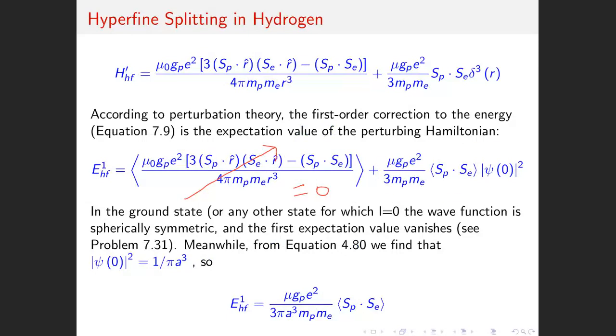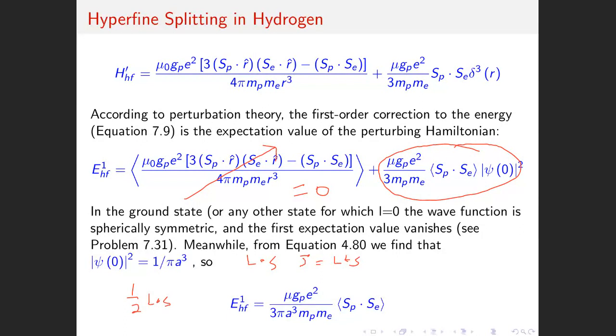Now for this one, by now you know how to deal with things that have sp dot se, right? So if you remember when we had L dot S, you looked at the angular momentum, right? So total angular momentum was L plus S, and then you squared that, and then you expressed L dot S. So you're going to do the same thing here.